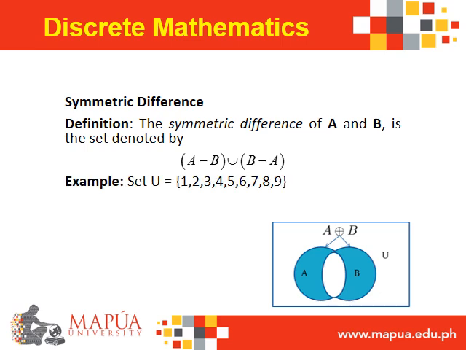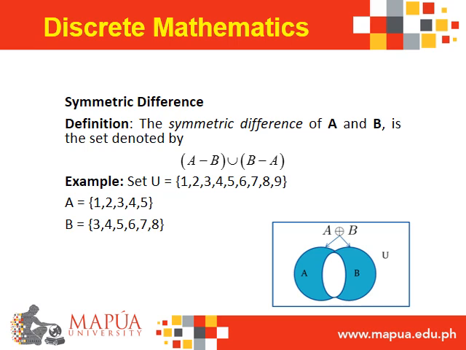To be more discrete regarding this operation, let's take for example our universal set U with values 1 to 9, our set A containing values 1 to 5, and set B containing values 3 to 8.